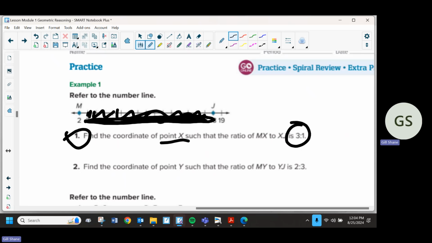It's as if you have this line, 2 all the way to 18, nothing underneath. So it's more like this right here. Then that would still be M and J. So I'm giving you something more like that instead of what you see on the left.